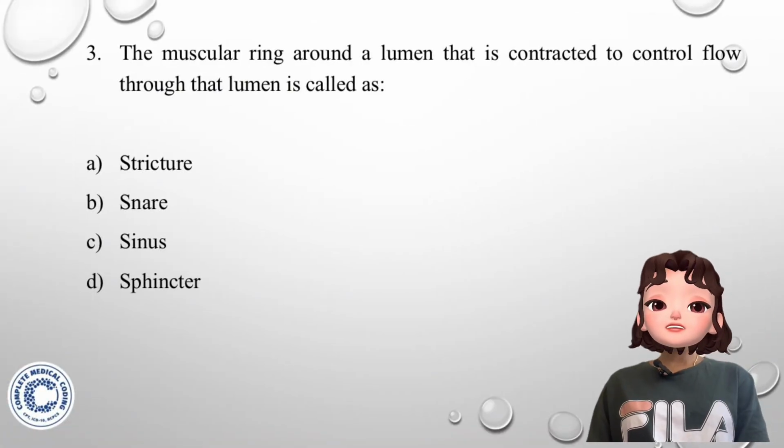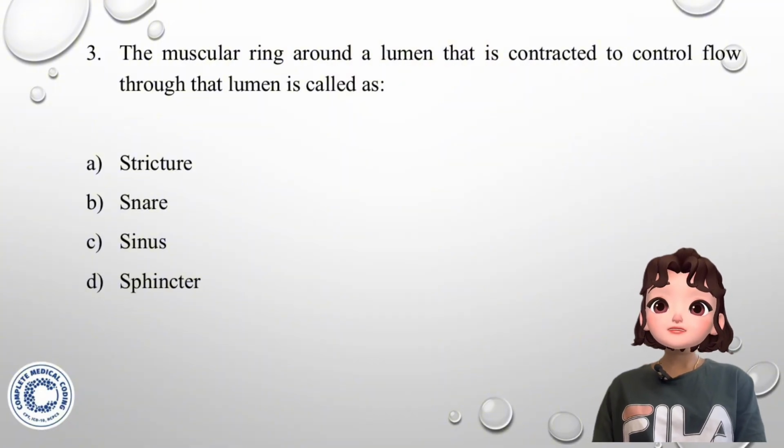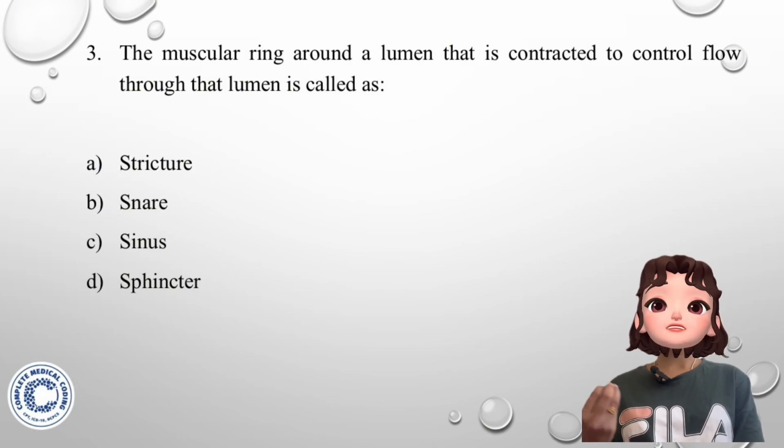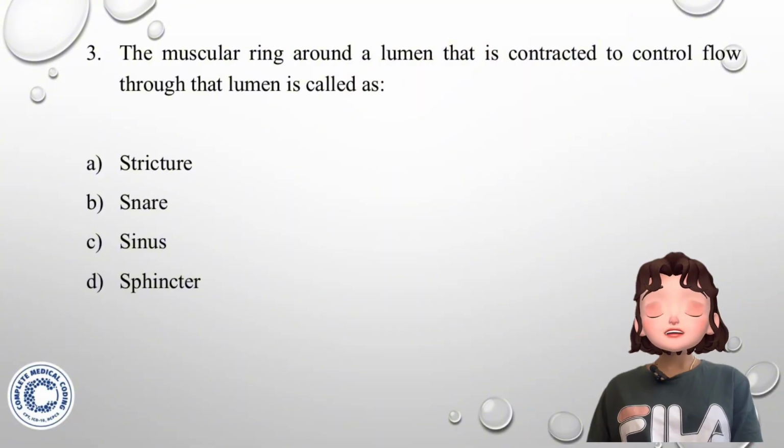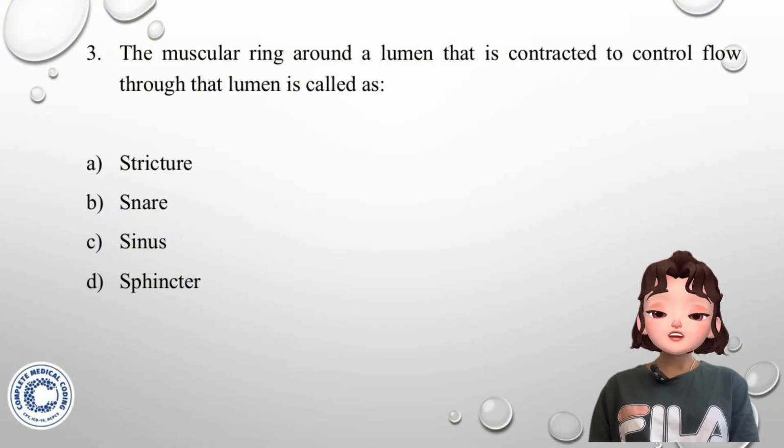Now, third question. The muscular ring around a lumen that is contracted to control flow through that lumen is called what? Option A, stricture.